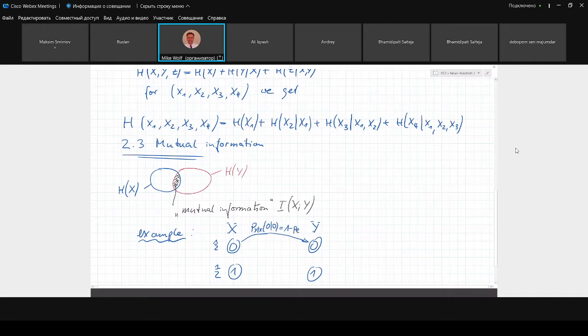And if this is 1 minus Pe, and I draw this arrow, what do I need to write here? Pe. So with a certain probability, if x is 0, then with a probability Pe, y is 1, and with a probability 1 minus Pe, y is 0.